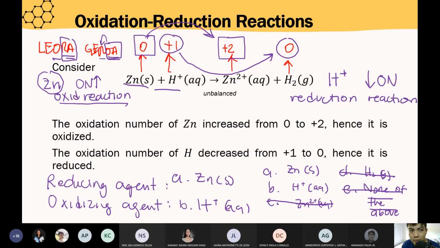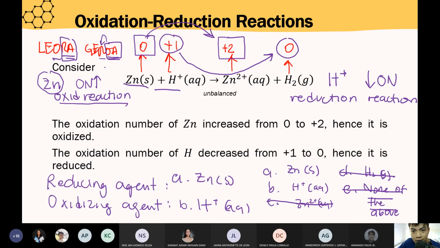Okay. So, bale, tanggalin nyo yung mga products sa options nyo so that you will be left with 2 remaining options na lang. Okay, dalawa na lang matitira. Okay? So, dun sa dalawang yon, isa yung tama, isa mali. So, bale, you just refer to LEO-GER. Kung sino man nag-undergo ng oxidation reaction, tawag sa kanya, RA, reducing agent.